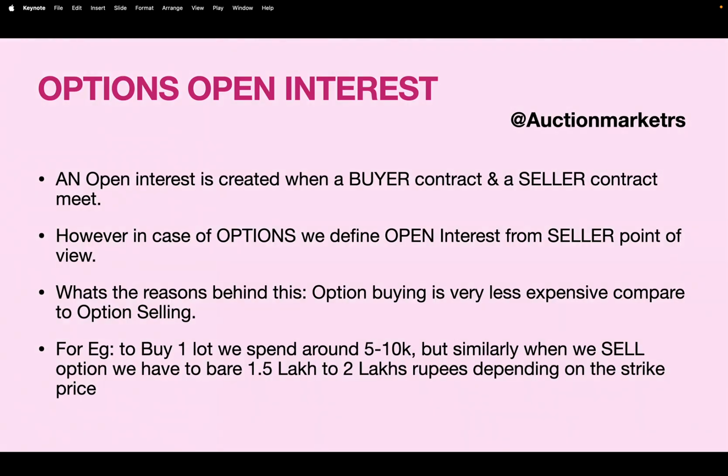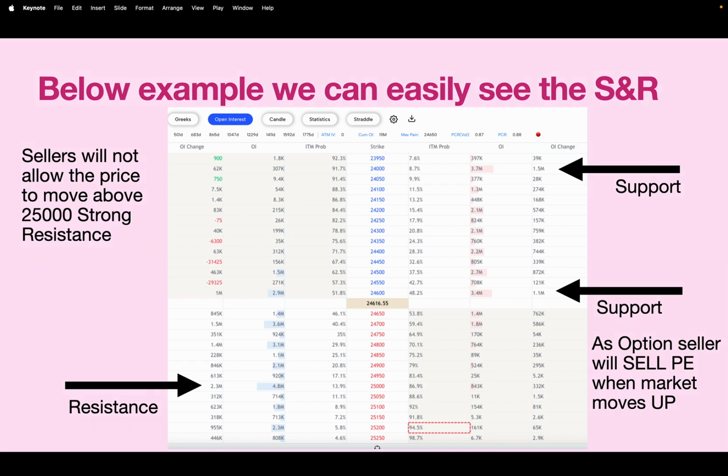I'll move ahead to the next slide. So here, this is an option chain, okay? We can plot the support and resistance. Take an example, if somebody wants to buy Nifty 50 stocks or the Nifty index, he has to opt for a CE call.